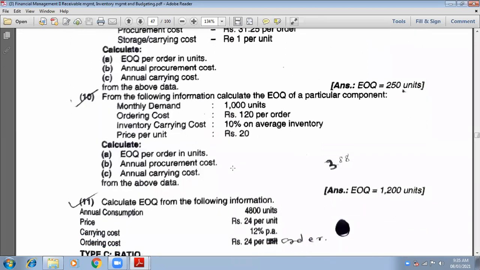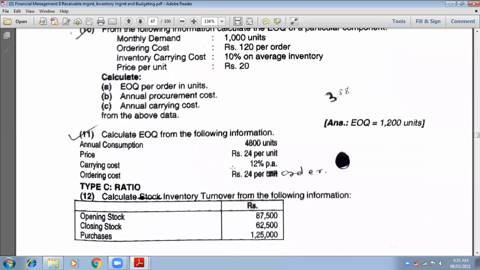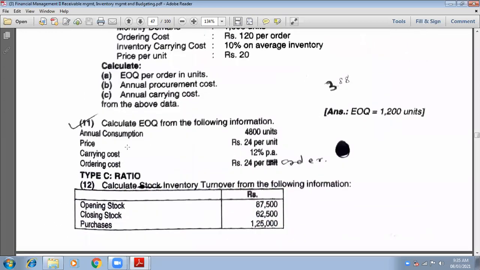Okay. Nothing new. And last, 11th sum. Annual consumption is already given, 4800 units. So nothing to multiply with, no into 2, into 3, into 4. Price is 24 per unit. Carrying cost is 12 percent per annum.